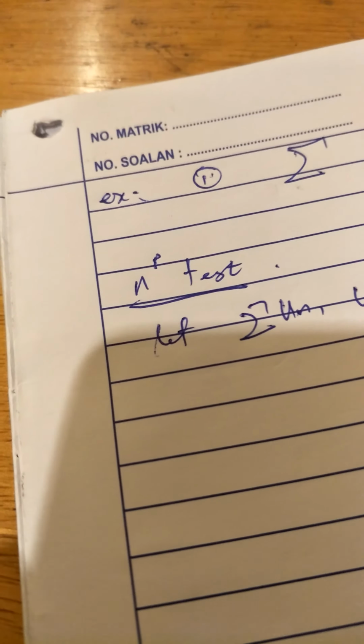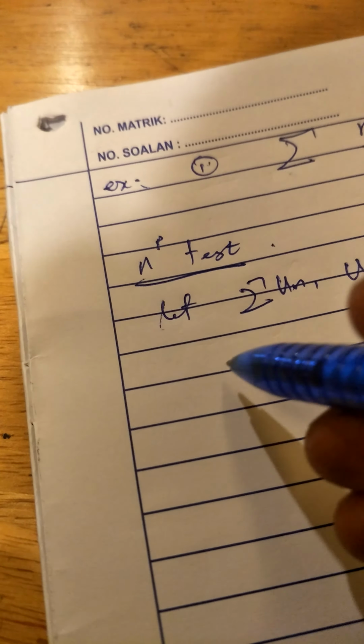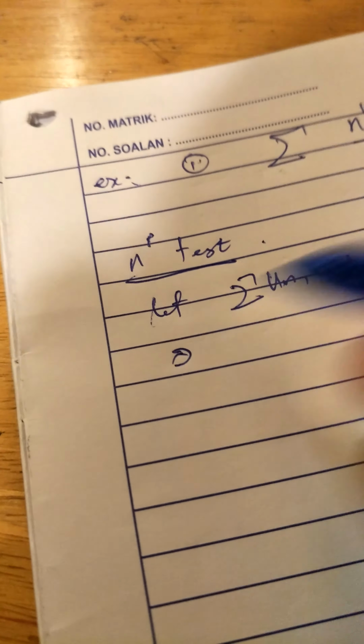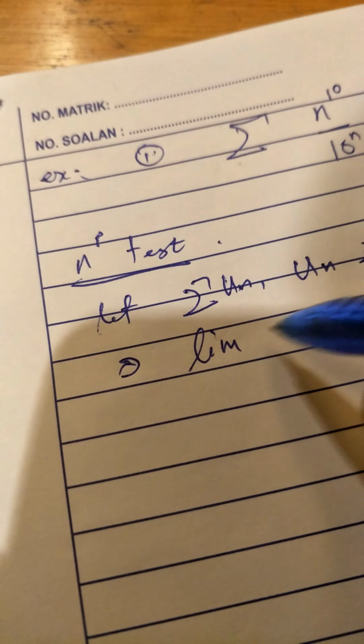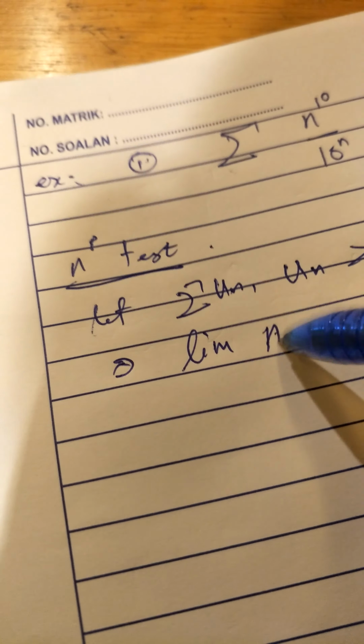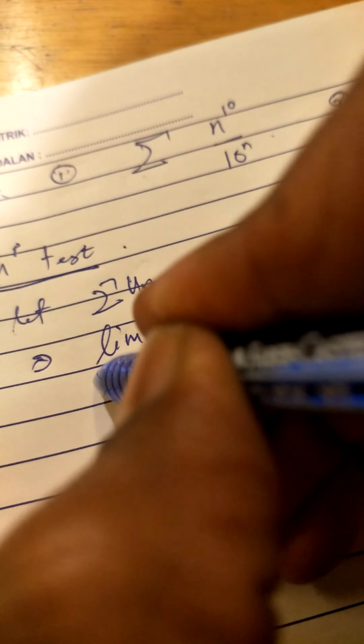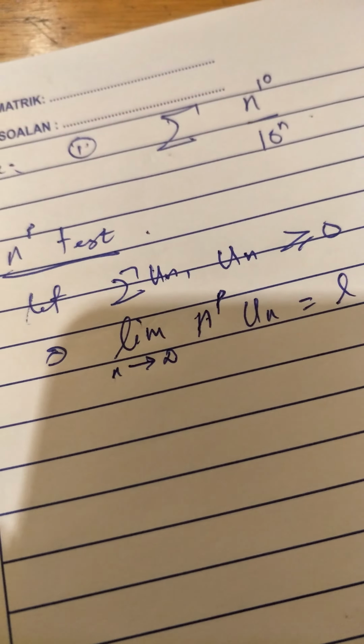We will deal with positive terms, such that the limit of n to the p times un, as n goes to infinity, is equal to L.